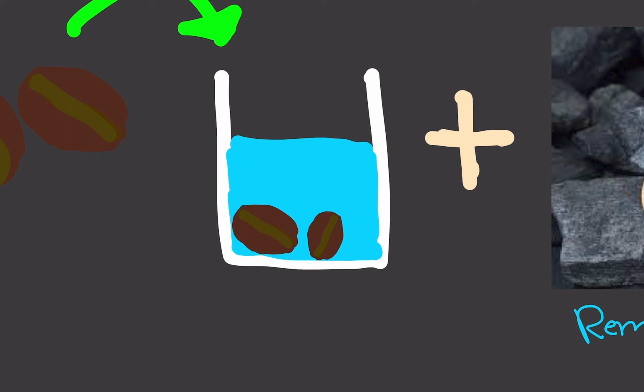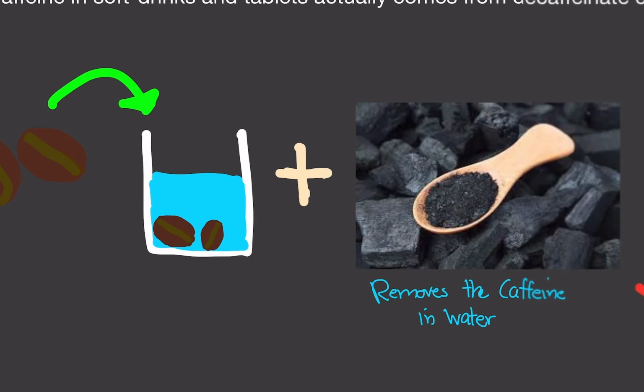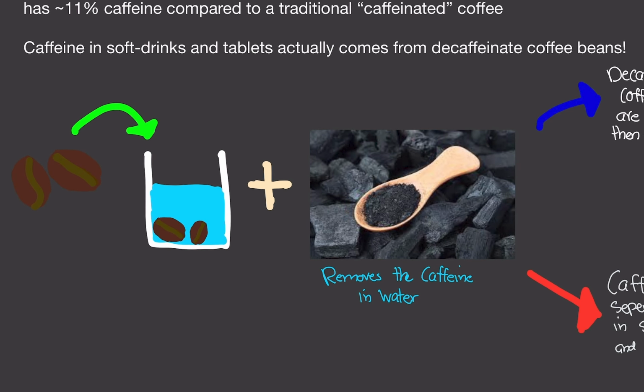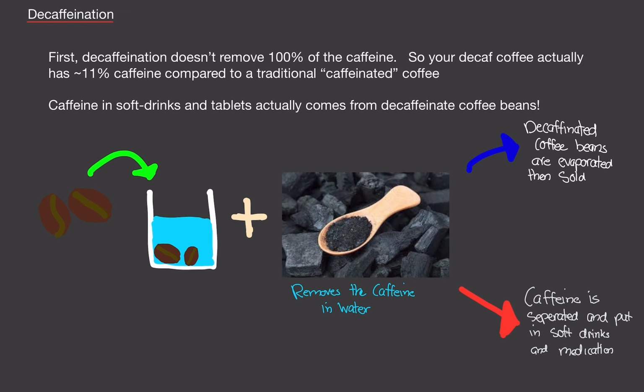So these beans that are, quote unquote, decaffeinated, not completely, are then ground up for your coffee. But there's still caffeine in them, just not that much. There are other ways of decaffeination, with elements and whatnot, but this is the best and most common way.